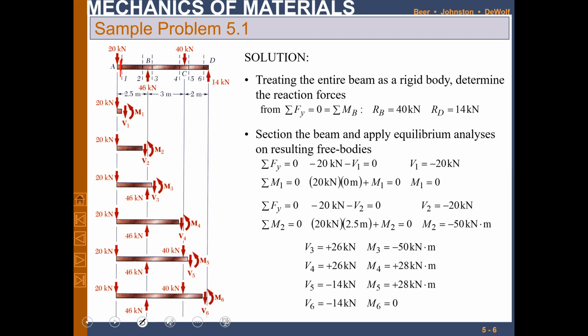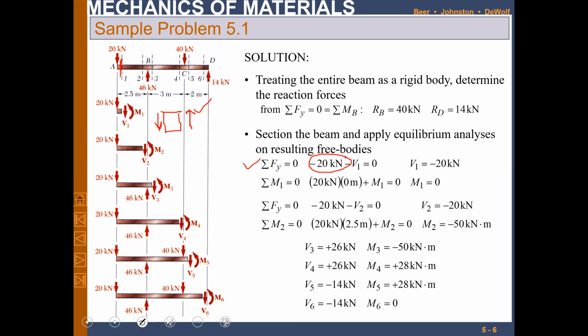So what we will do now? Sum of all the forces about y-axis is equal to 0. So this is basically the 20 kilonewton. Is it positive or negative? It is negative, because if this part is going down, this part will be going up, obviously, right? And this part is going up and this part is going down. So this is negative shear.